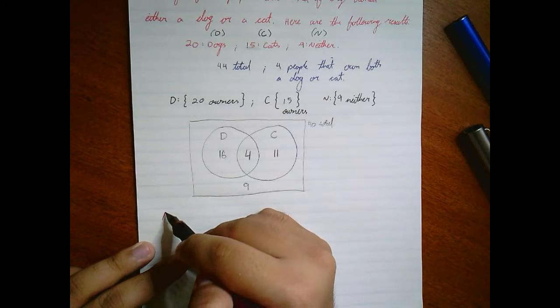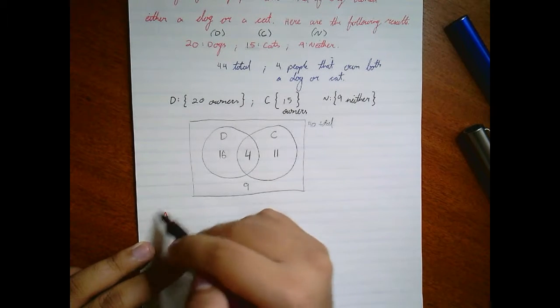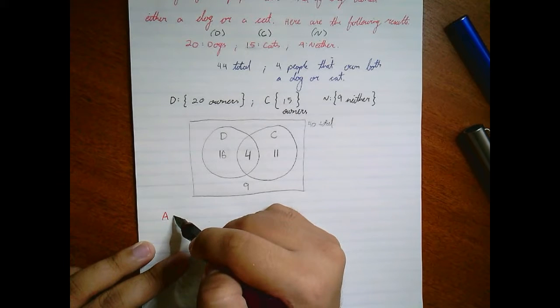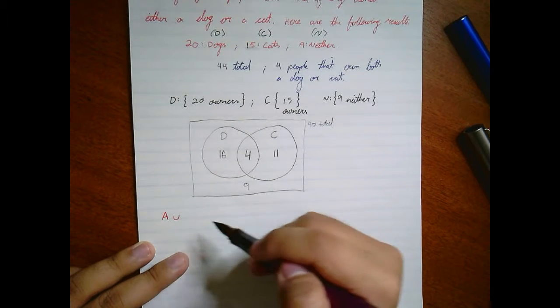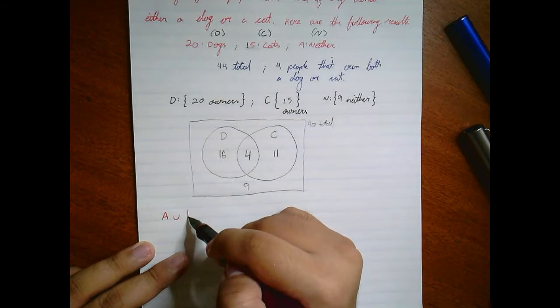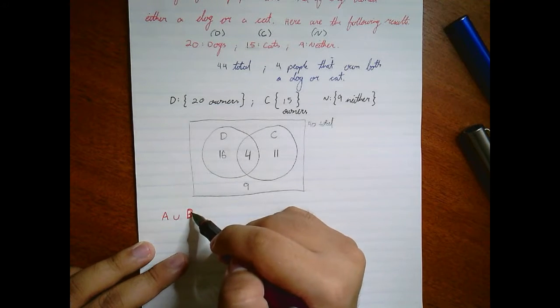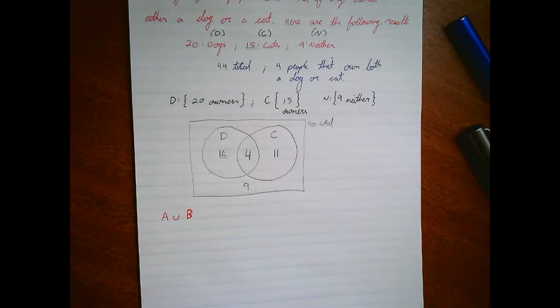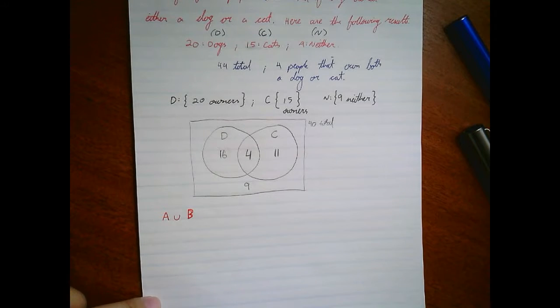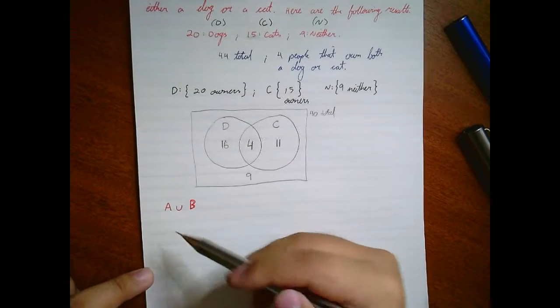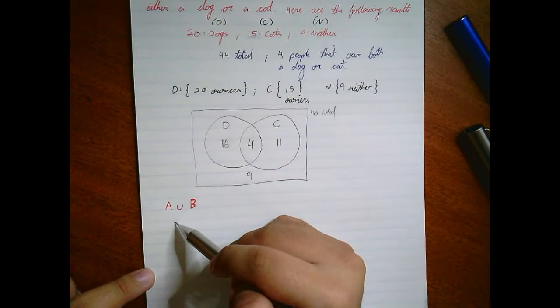It's group A, U for union, with some group B. A union B. And if we were to draw this graphically as a Venn diagram, it'll look like this.